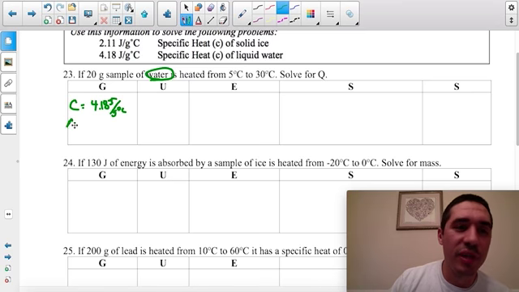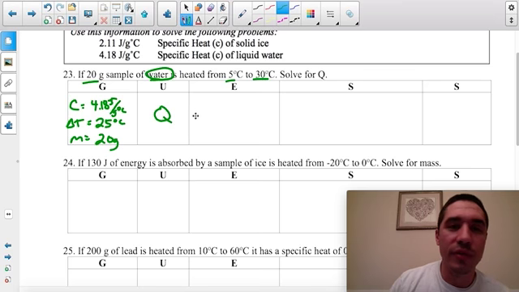Well, my change in temperature from 5 to 30 infers that my temperature went up by 25 degrees Celsius. And then finally the mass, it tells us, is 20 grams. It wants us to calculate energy, so we're going to use the MCAT equation.